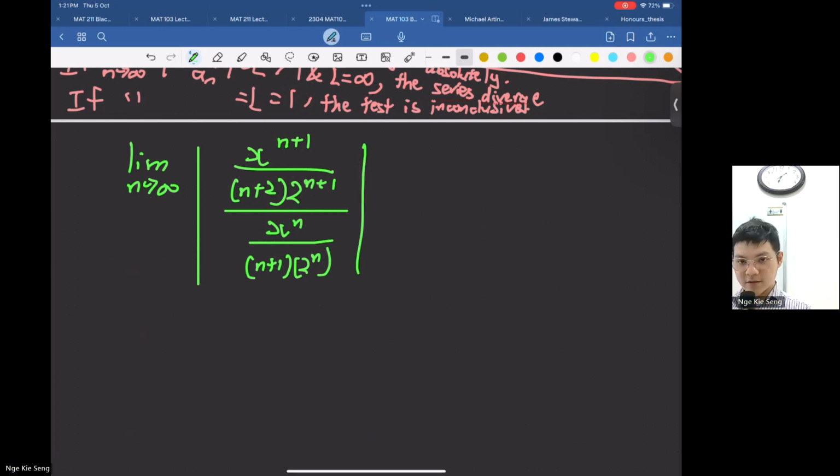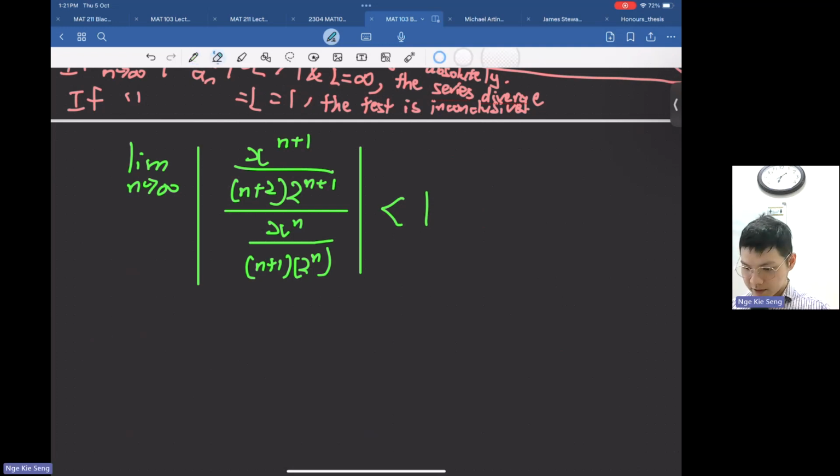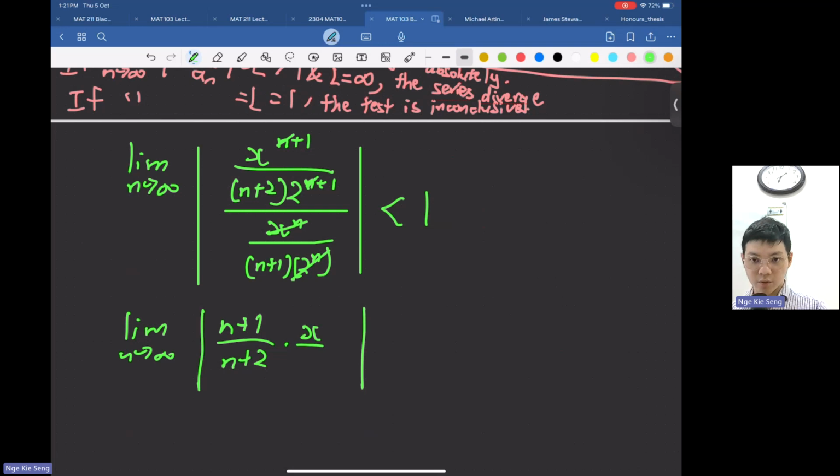I want to make sure this is less than 1 for the series to converge. If we cancel everything, we are left with n plus 1 over n plus 2 times x over 2, less than 1.